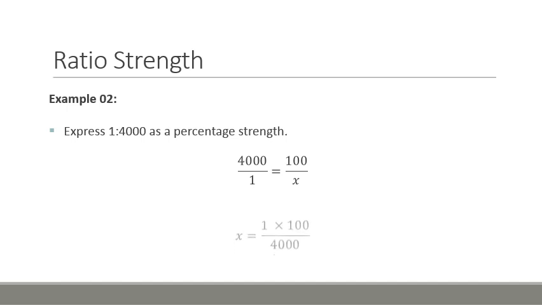If we adjust the values, x will be equal to 1 into 100 divided by 4000, so x is equal to 0.025%. So 1 is to 4000 means the drug is present as 0.025% in the 100% of the preparation.